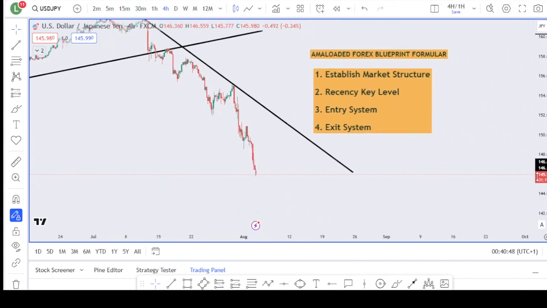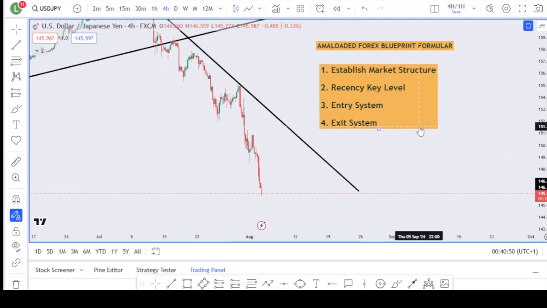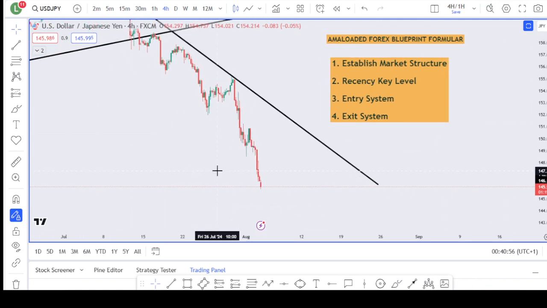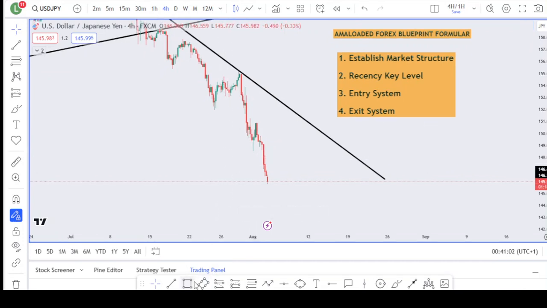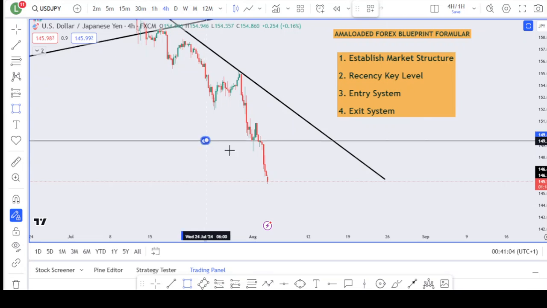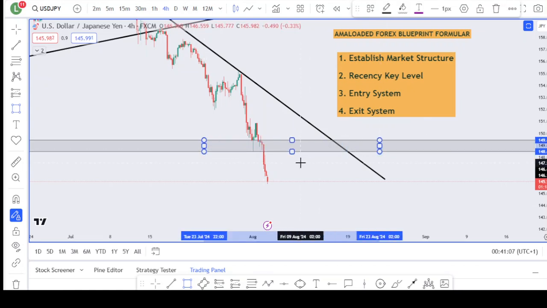Now, the next step in using our forex blueprint formula is recency key level. After we have determined our market sentiment, the next thing that we have to do is to establish our key level zone.